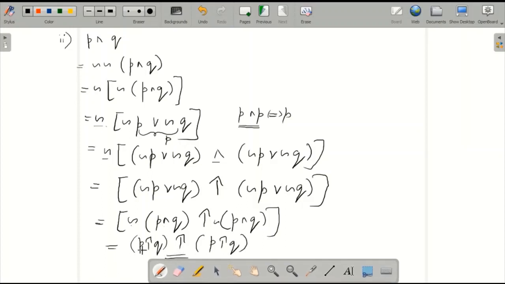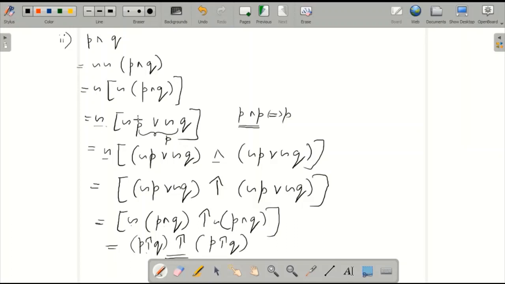I told you it should be only in terms of NAND and NOR, so that's why I inserted one more here. So this is P NAND Q, NAND, P NAND Q. Only NAND you can see. There should not be an OR or negation or something.